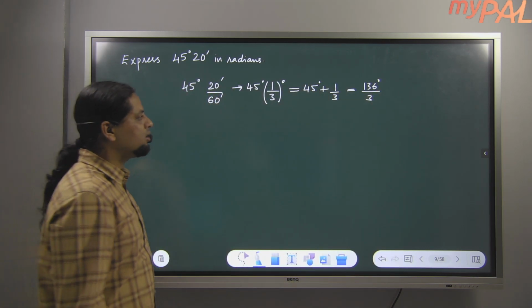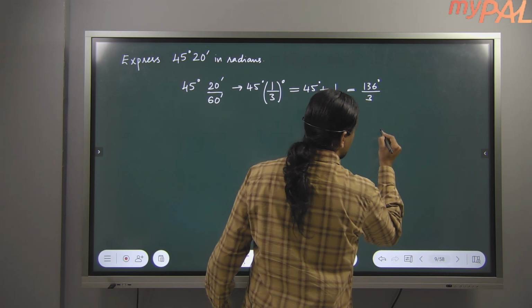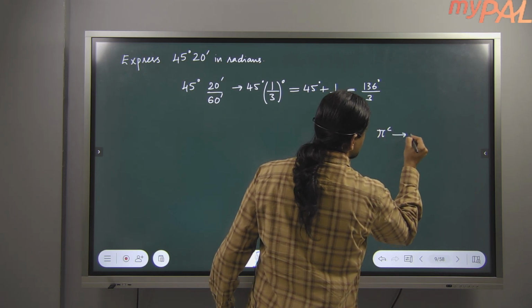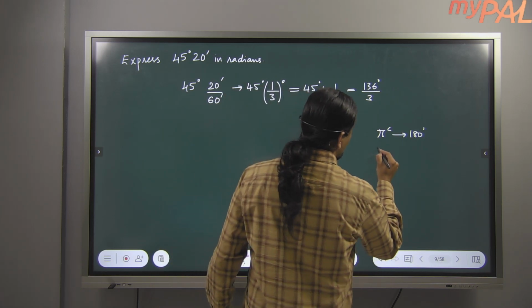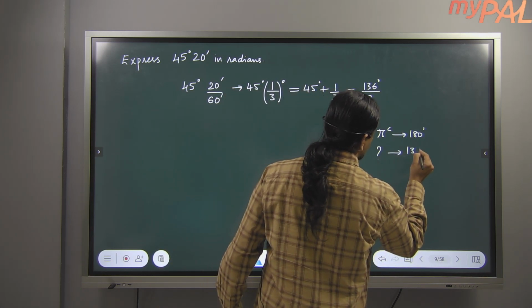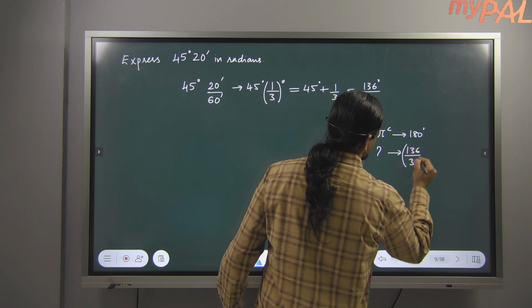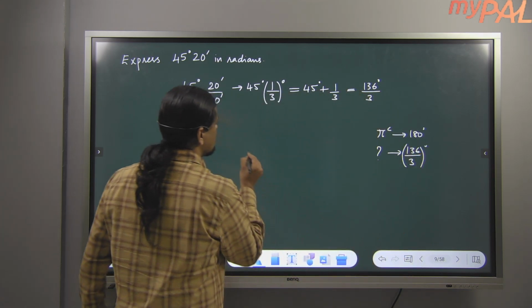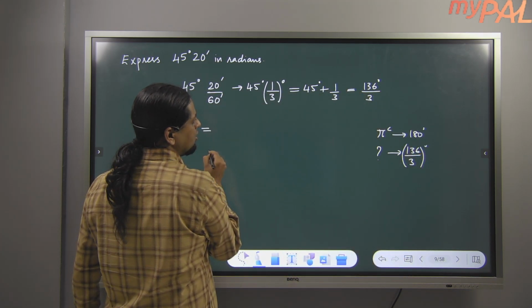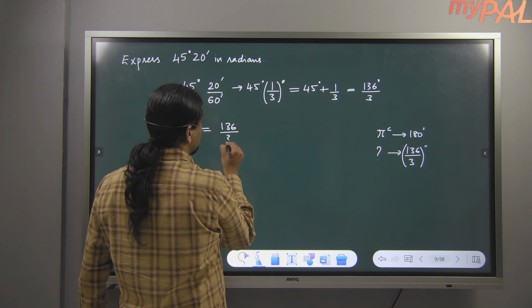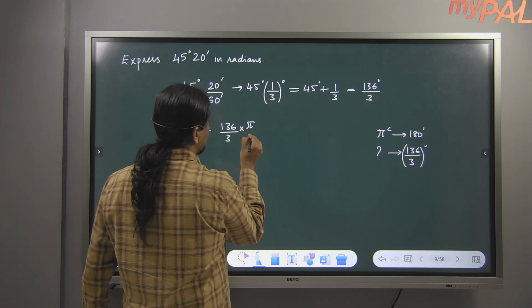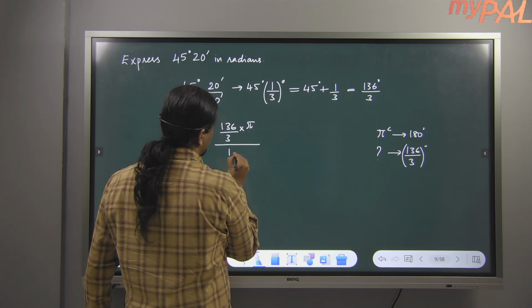How do I convert into radians? Same thing. We know that pi radians is equal to 180 degrees. How many radians will 136 by 3 degrees be? So I need the question mark. So this is equal to 136 by 3 into pi whole divided by 180.